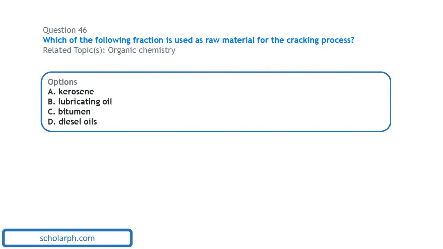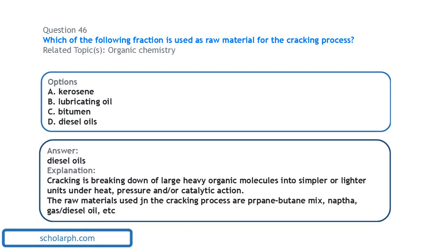Which of the following fractions is used as a raw material for the cracking process? That is diesel oil. Diesel oil is used as a raw material in the cracking process. Other materials that are used include a propane and butane mix, and naphtha as well.